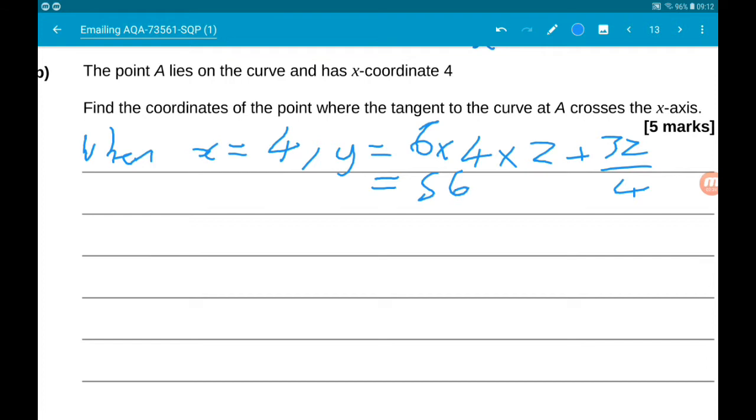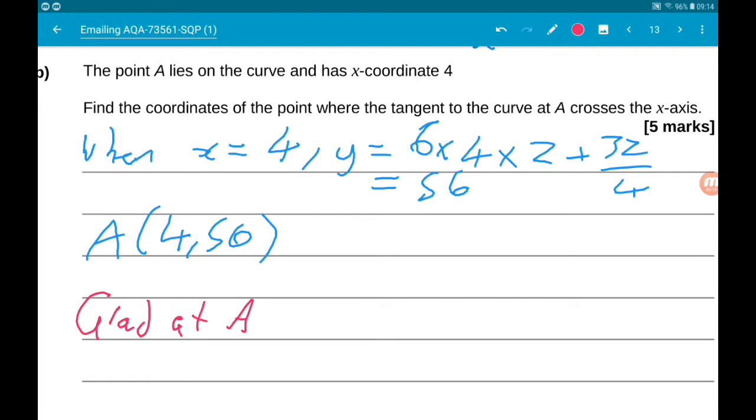So at this point, we now know the coordinates of A are 4, 56. Okay, so next we can also work out the gradient of the curve at point A by using our derivative up above. So the gradient at A is dy by dx when x is equal to 4.